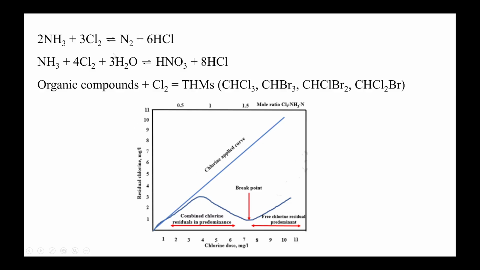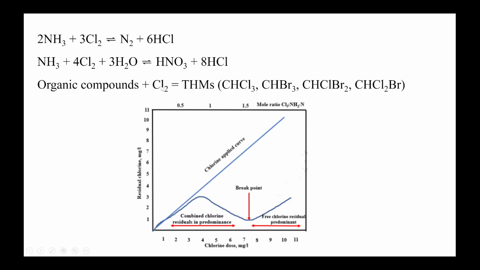Okay, so see, ammonia can react with chlorine, then it is oxidized to nitrogen and 6HCl. Then it can also form nitric acid.